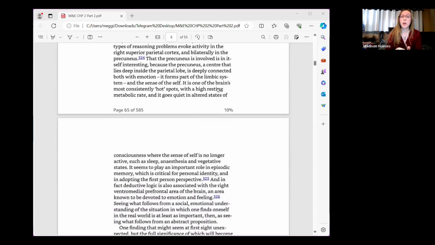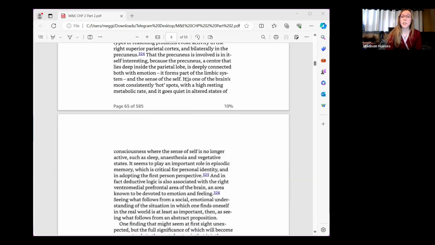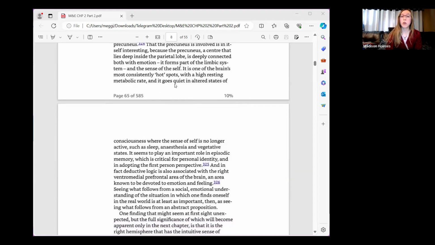That the precuneus is involved is in itself interesting because the precuneus, a center that lies deep inside the parietal lobe, is deeply connected both with emotion, it forms part of the limbic system, and the sense of self.